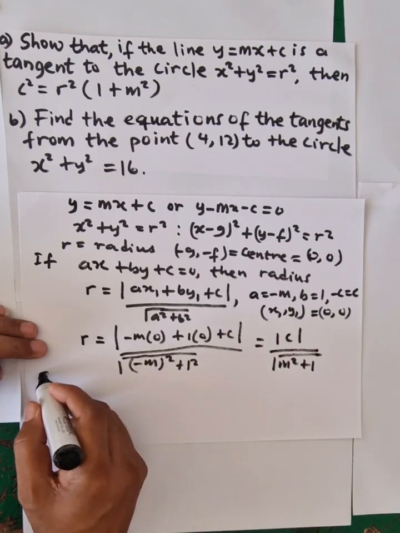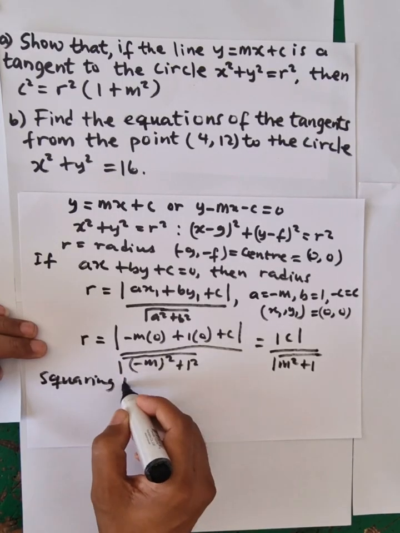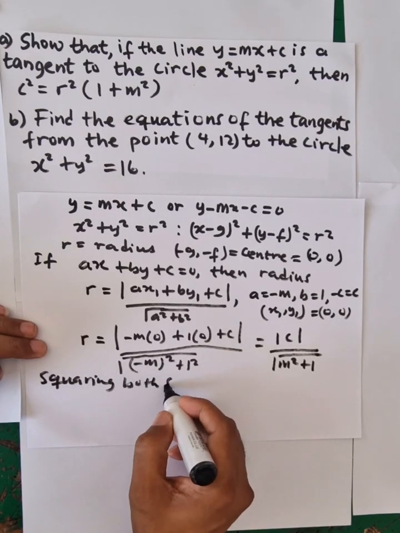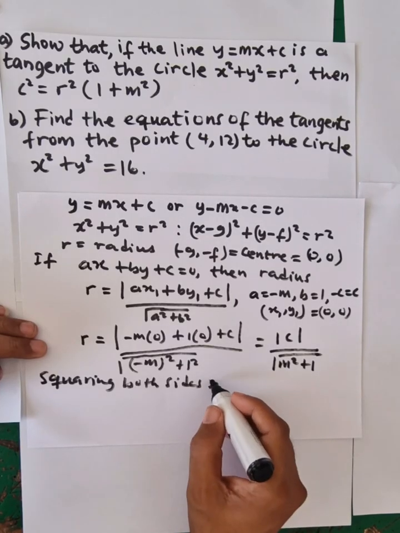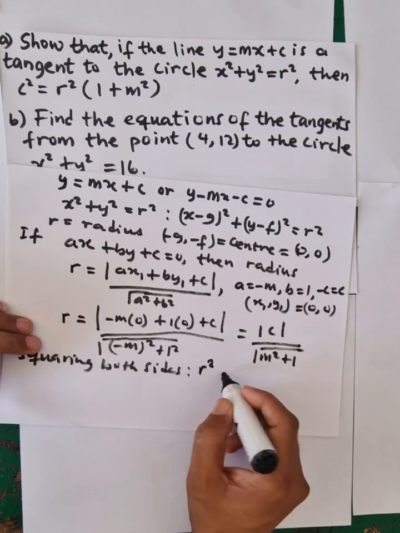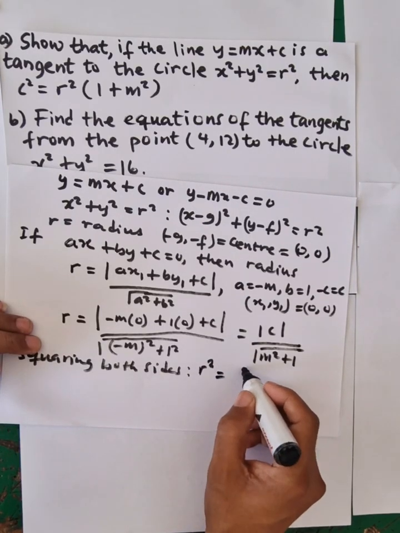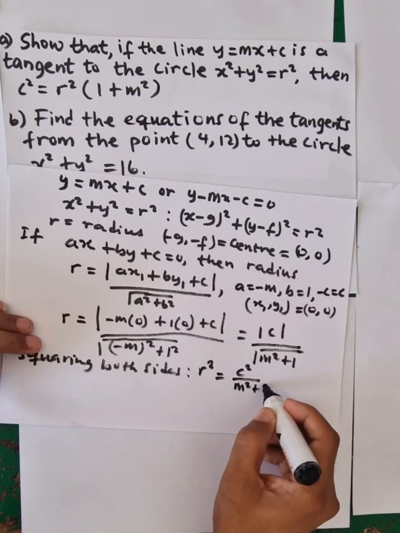Squaring both sides, we obtain r squared is equal to c squared over m squared plus 1.